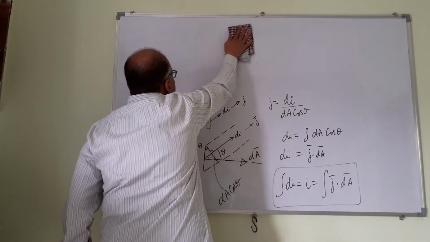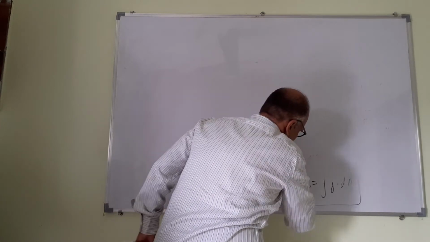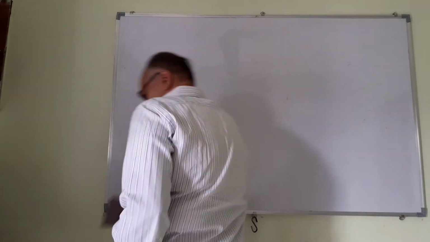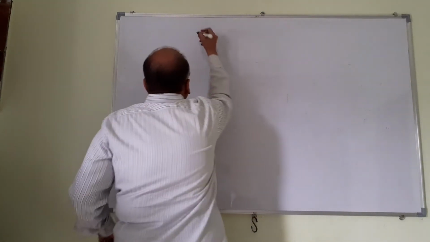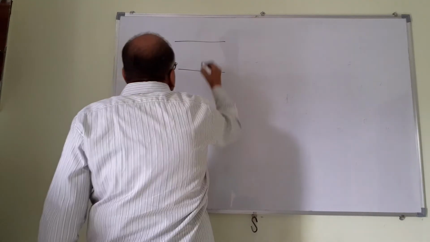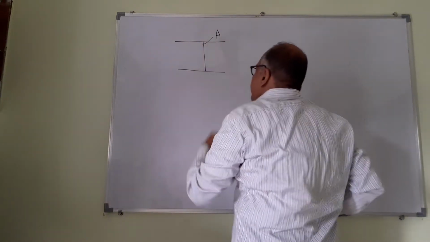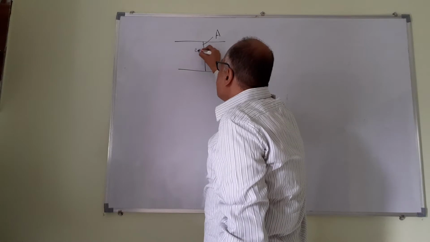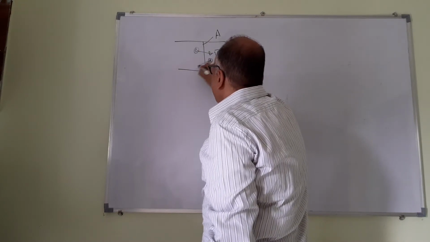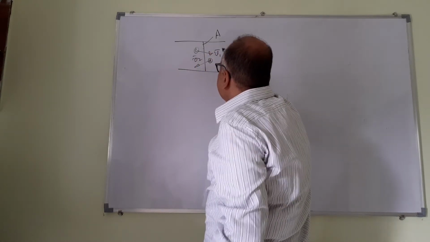Let us take the conductor and see a particular area. Take an area of cross section in the conductor. This is a conductor and there is an area A which we have defined, the cross section area. Now electrons would be crossing in all directions. Some would cross with velocity V1, another V2, another V3, and so on.